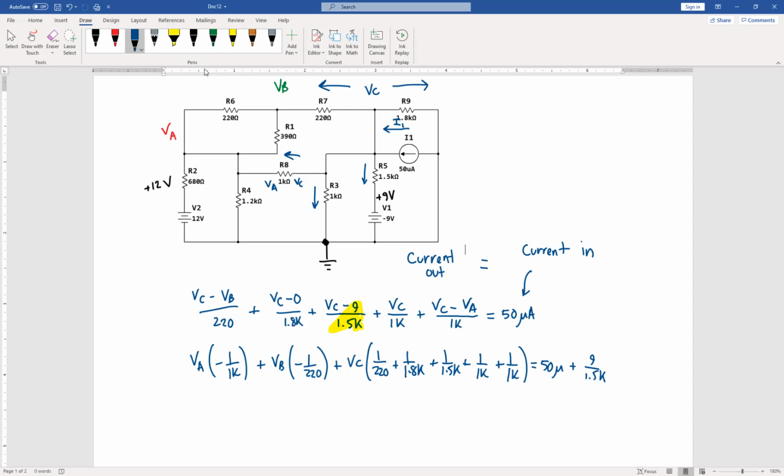Okay. So that's my equation 3. Now let me get numerical values for this. Okay, so here are the numerical values. Alright, that's my final equation 3 there.